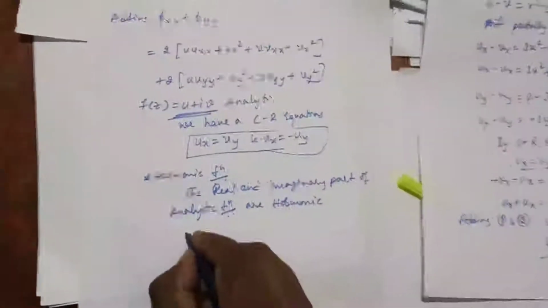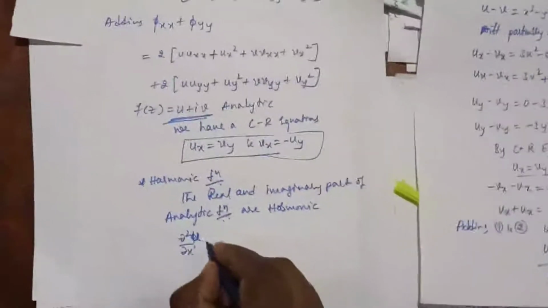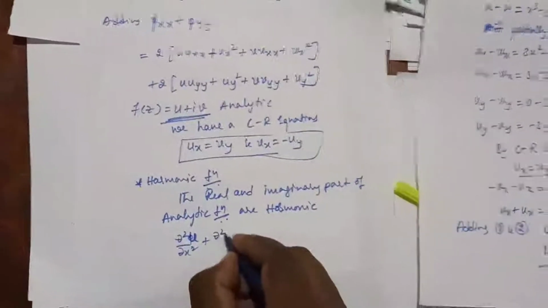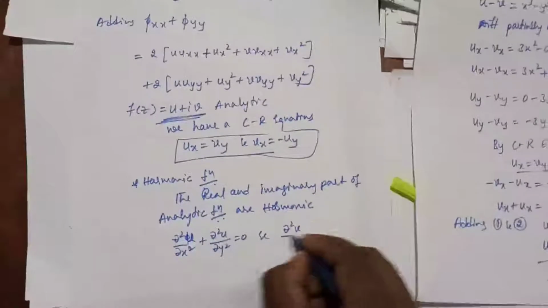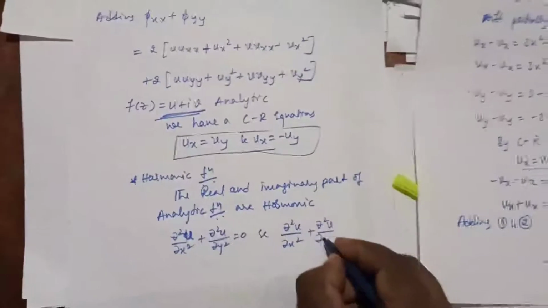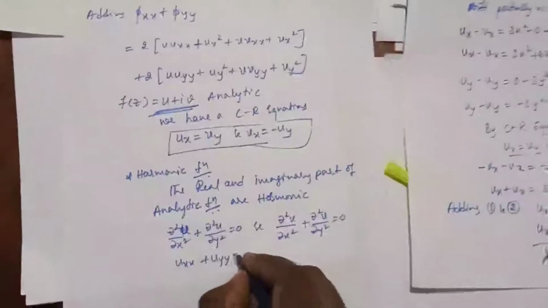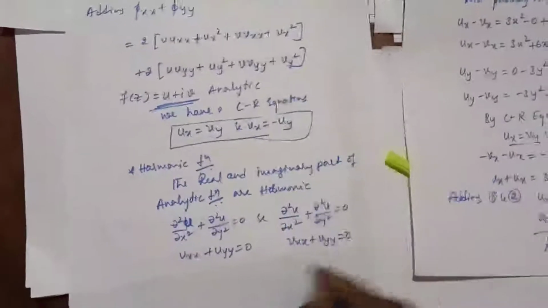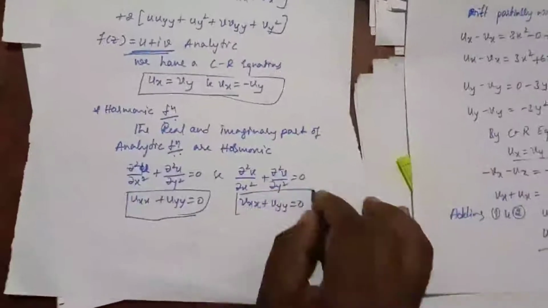If u is harmonic, the Laplace equation is satisfied: dou square u by dou x square plus dou square u by dou y square equal to 0. And v is harmonic: dou square v by dou x square plus dou square v by dou y square equal to 0. Instead of writing this, u suffix xx plus u suffix yy equal to 0, and v suffix xx plus v suffix yy equal to 0. These two are properties of harmonic functions.